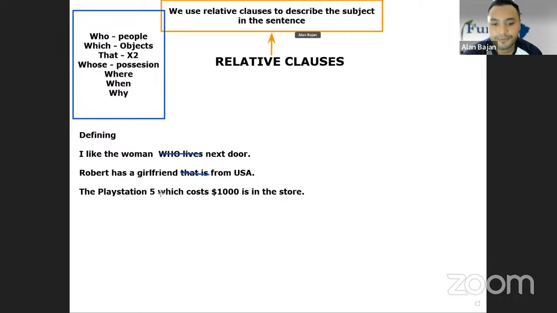The PlayStation 5 costs $1,000 is in the store. In some cases, I can delete the pronouns, but not very necessary.